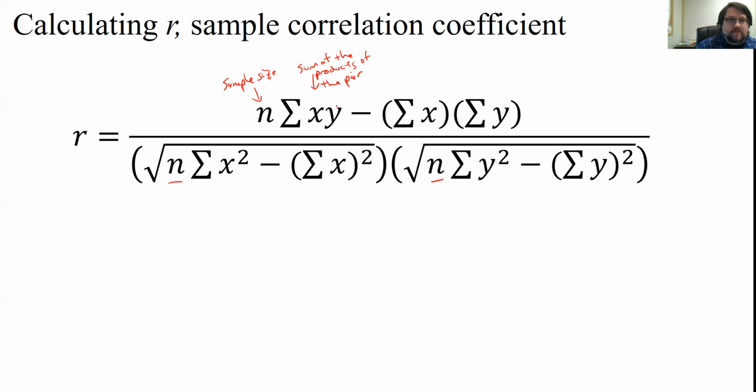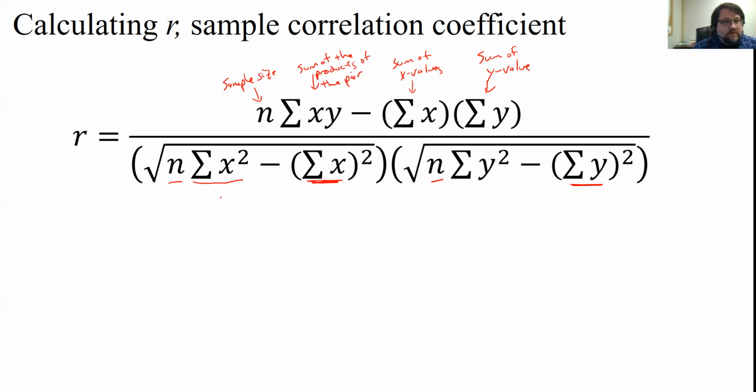This is the sum of X values, right? So you're going to add up all the X values. This is the sum of Y values. And you'll see, here's again the sum of X values, and on this part, you're going to square it. And here's the sum of Y values. On that part, you're going to square it. And then on the bottom, we also have this part.